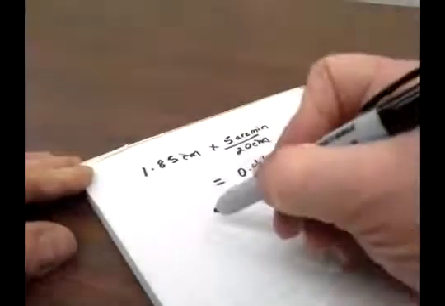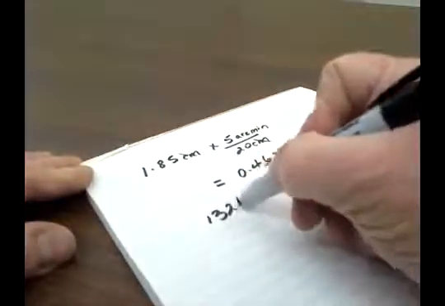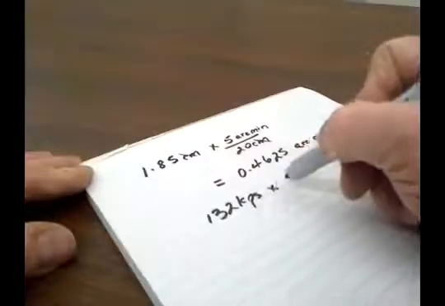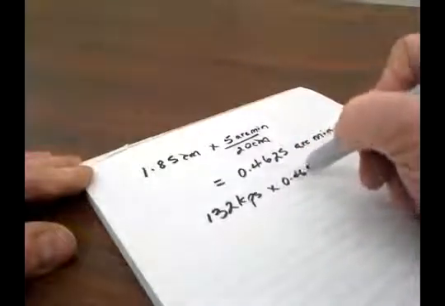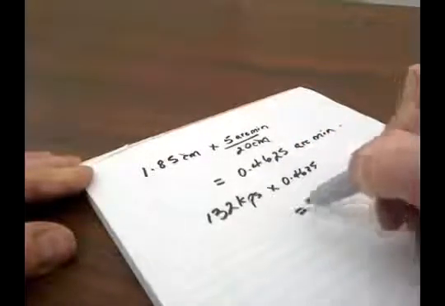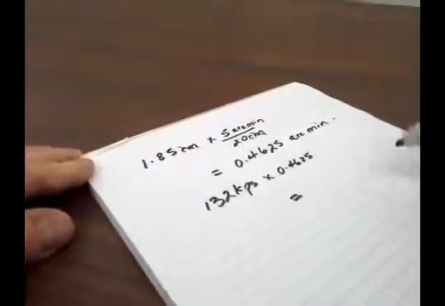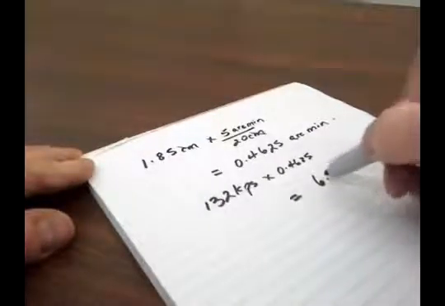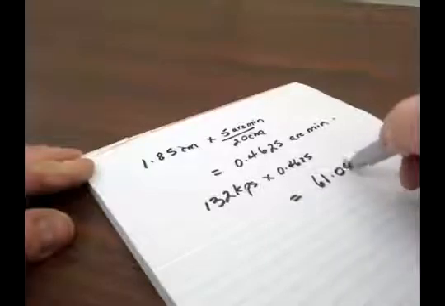We take 132 kilometers per second times 0.4625 to give us 61.05.